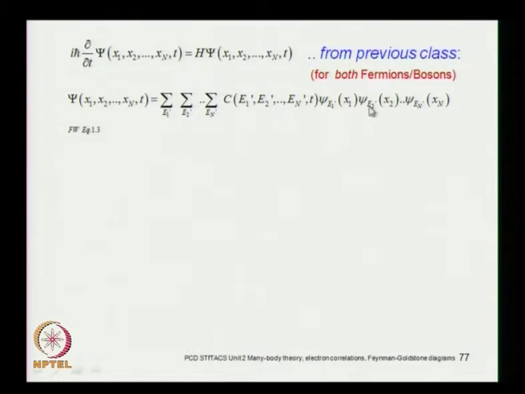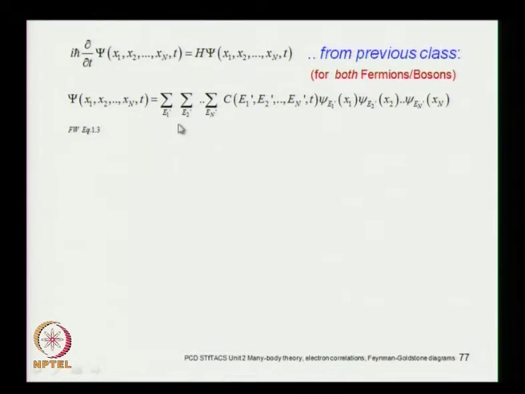And from the previous class we wrote a general n electron Schrodinger equation. Here this is valid for those cases inclusive of correlations, not just the uncorrelated system in the single particle approximation. Now you understand what the correlations are, what the single particle approximation is, right.